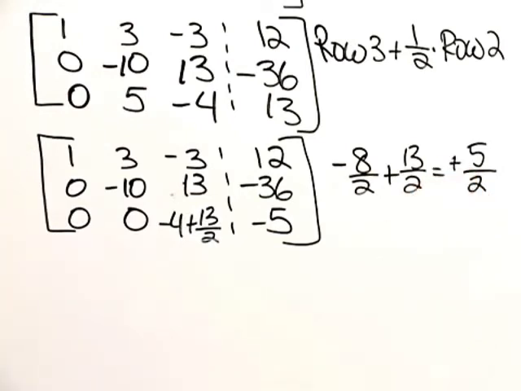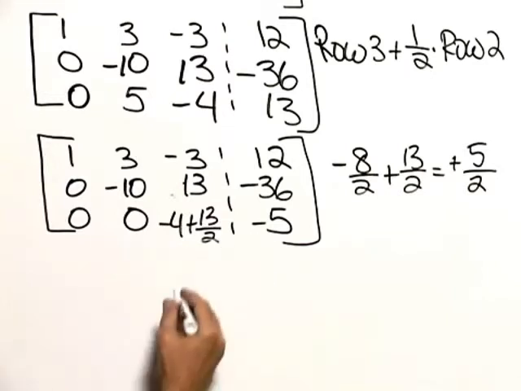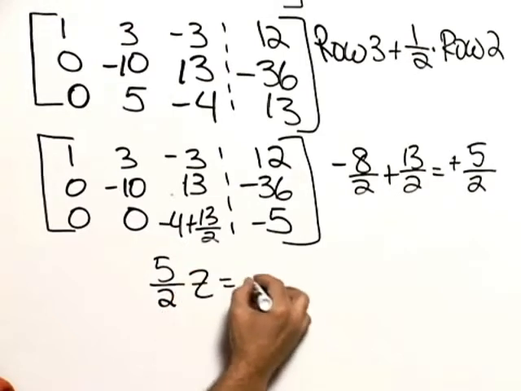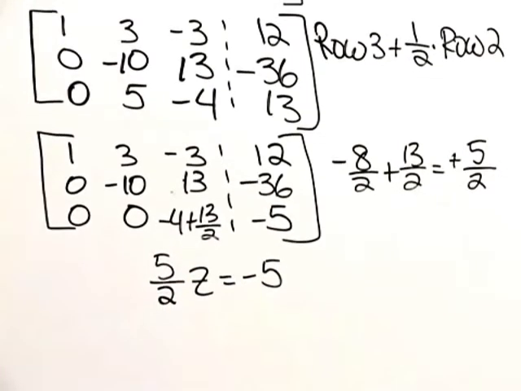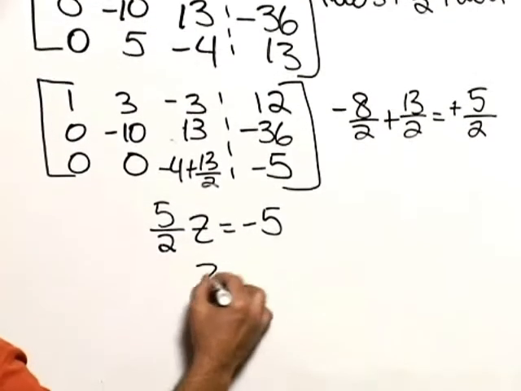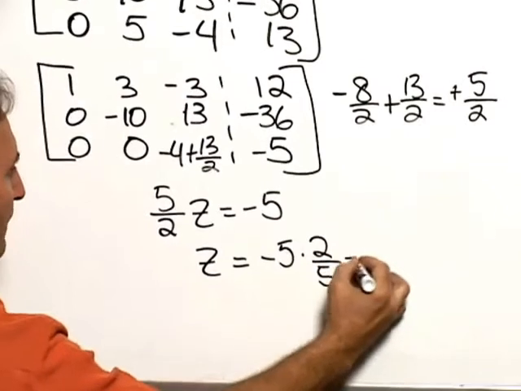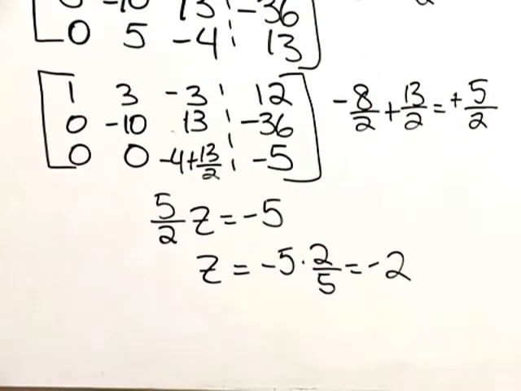So now the equation from row 3 would be 5 halves z equals -5. Multiplying both sides by the reciprocal of 5 halves, which is 2/5, gives us a value of z: -5 times 2/5 equals -2. That's the value for z.